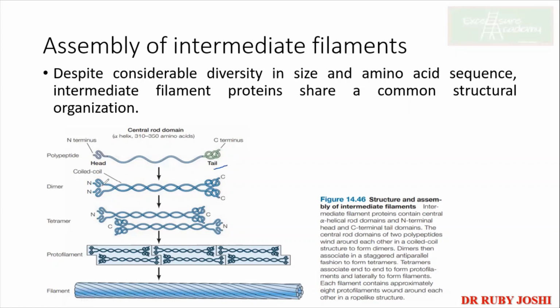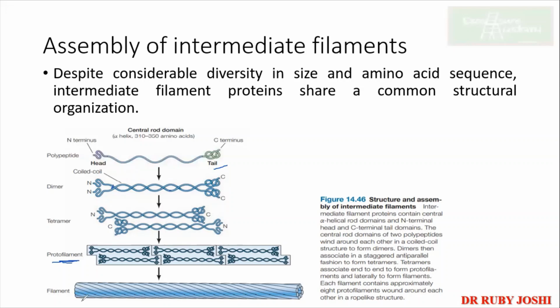So two polypeptide chains come together, they form the coil structure and form a dimer, and then these two come together to form a tetramer. This is how all of these form a protofilament, right? And then together it forms a filament.